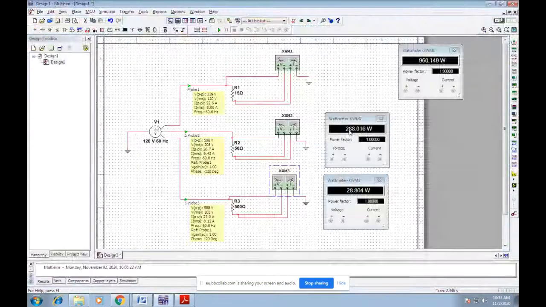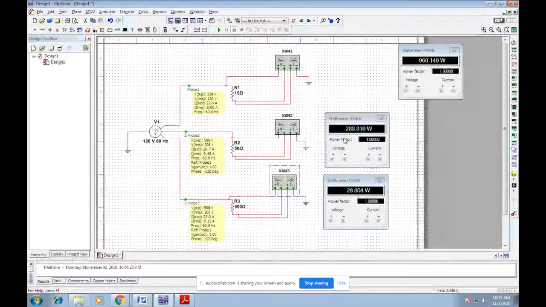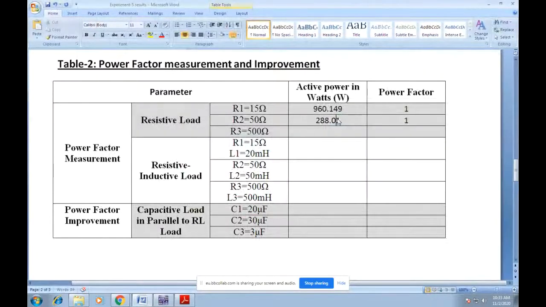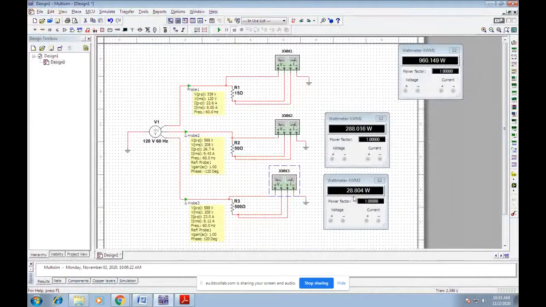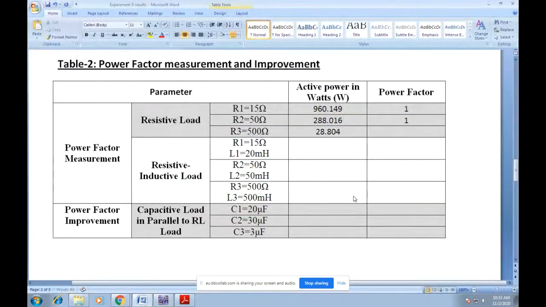Similarly, for the second one, 288.061, and the power factor was also 1. Next, the last one is 28.804 watts, and the power factor was 1. This is for the resistive load.